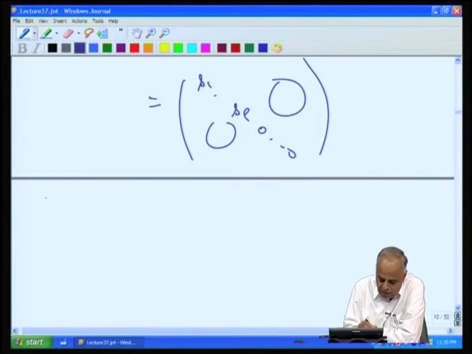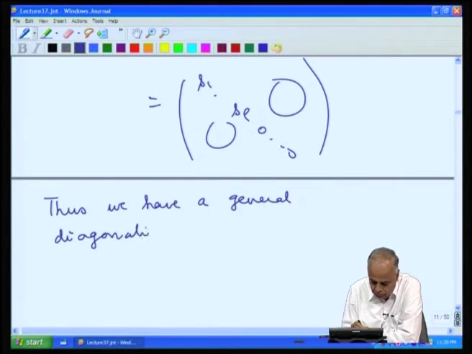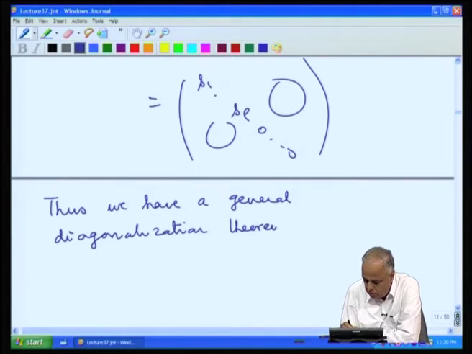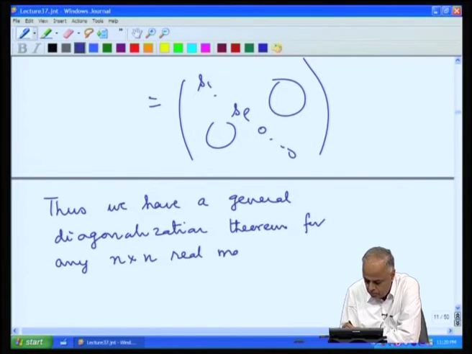Thus we have a general diagonalization theorem for any n by n real matrix.